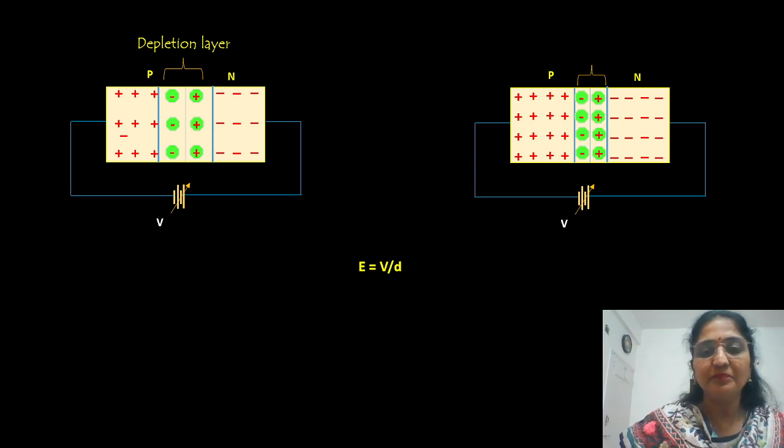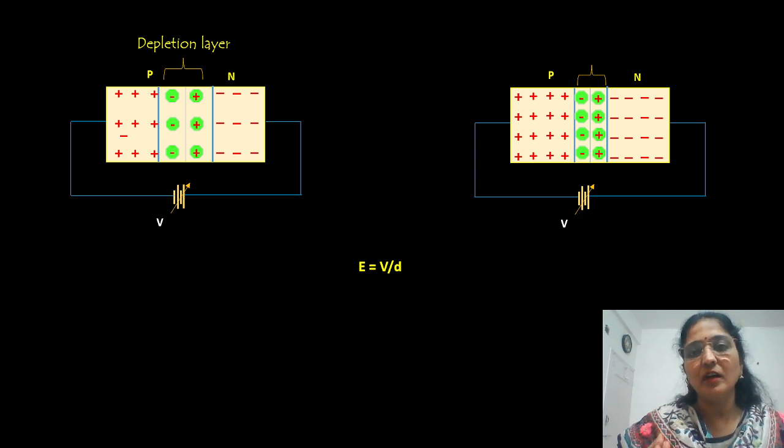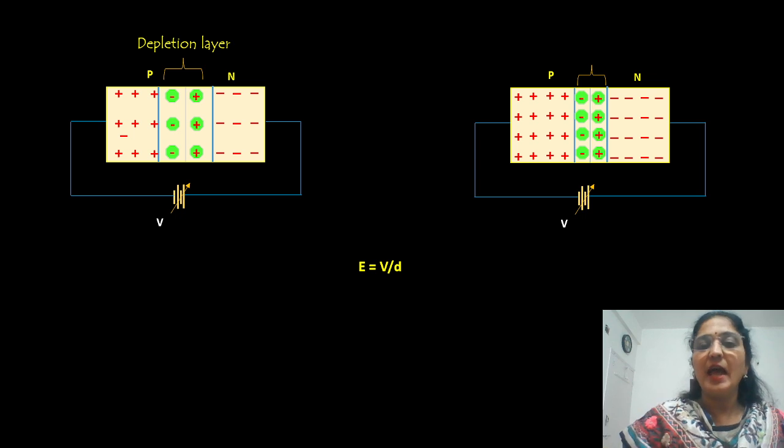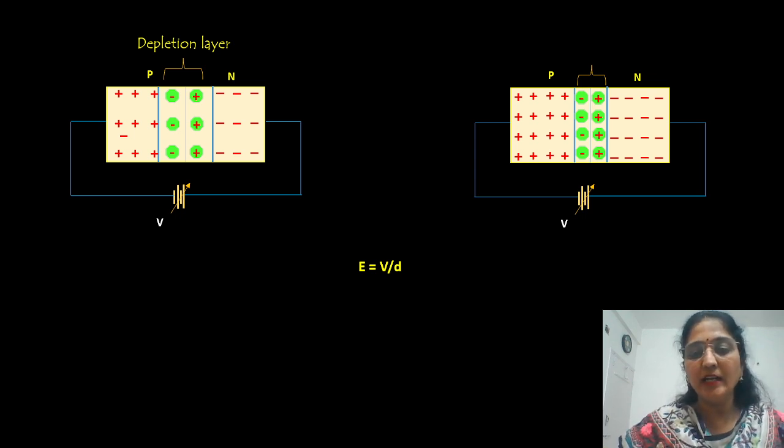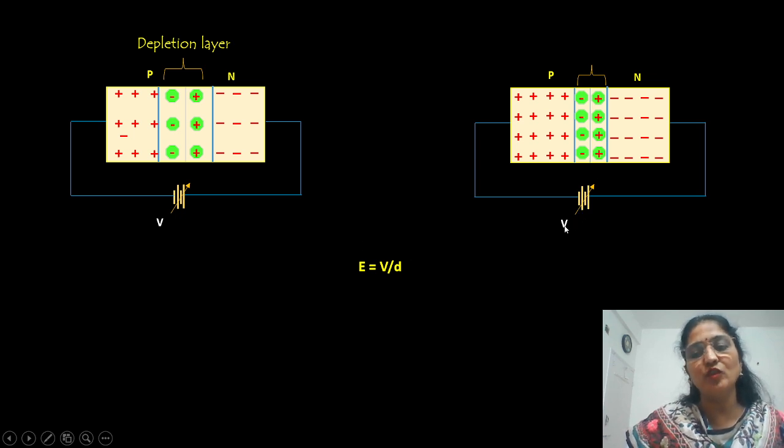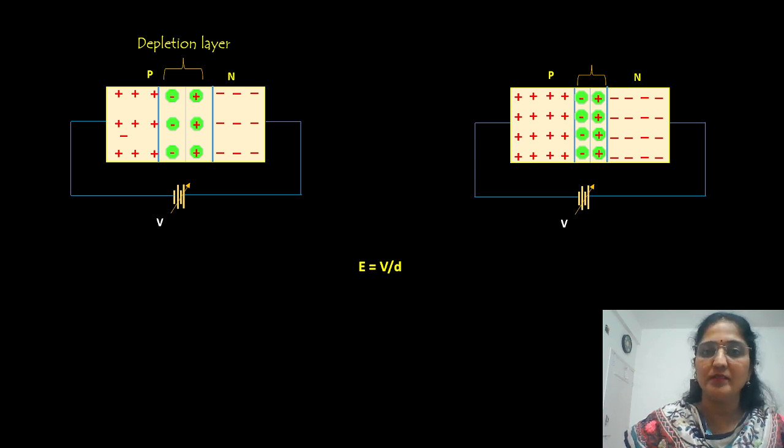If you see the Bohr model, the outermost electron already has high energy, and they are under this electric field. When they get a very little amount of energy from this source, they go from the valence band to the conduction band, and because of that Zener breakdown occurs.